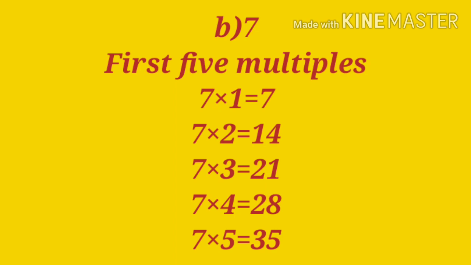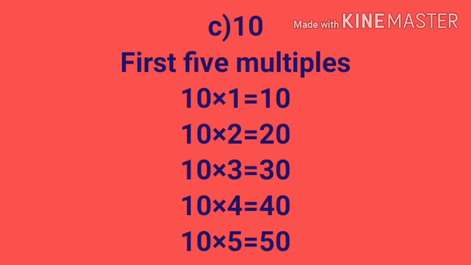Look here, students, to get multiples of 7, we multiply 7 by 1, 2, 3, 4 and 5 and we get the multiples of 7: 7, 14, 21, 28 and 35. Next example, to find the first 5 multiples of 10. So 10 multiplied by 1, you get 10.